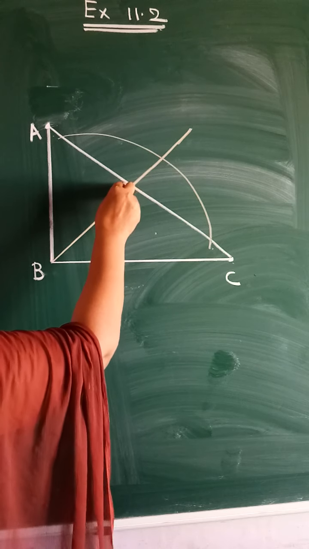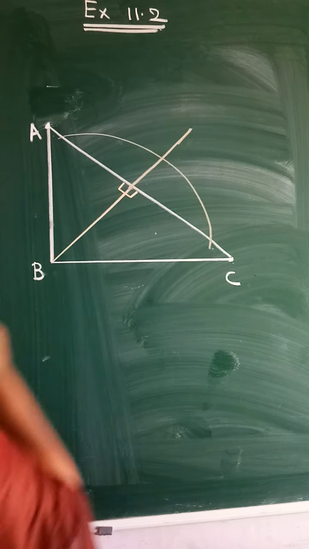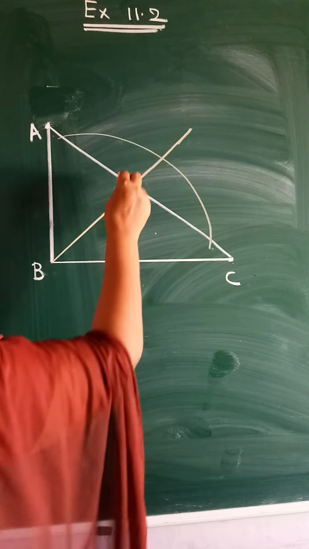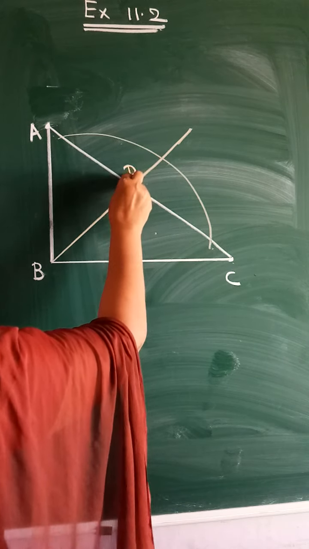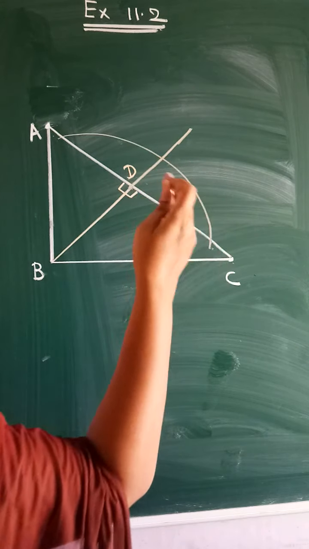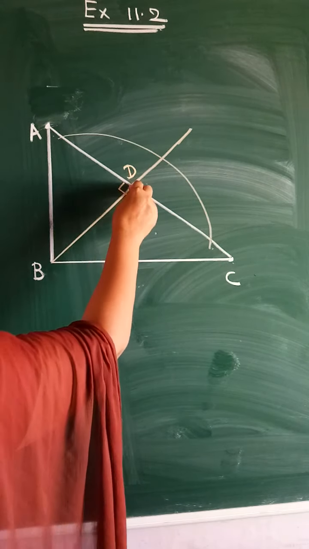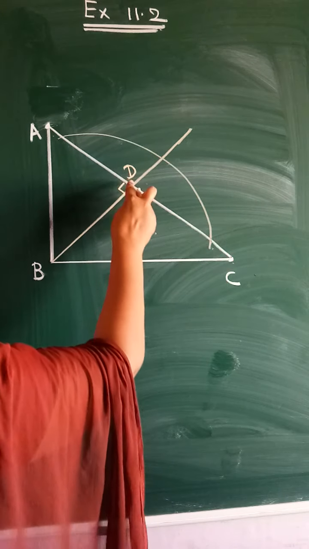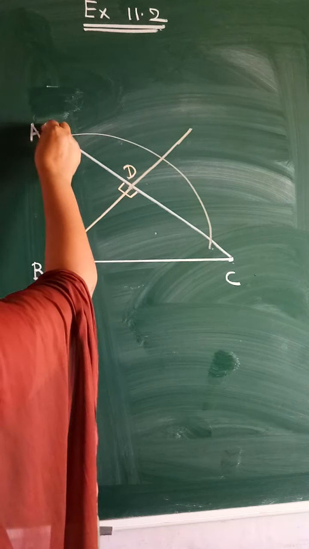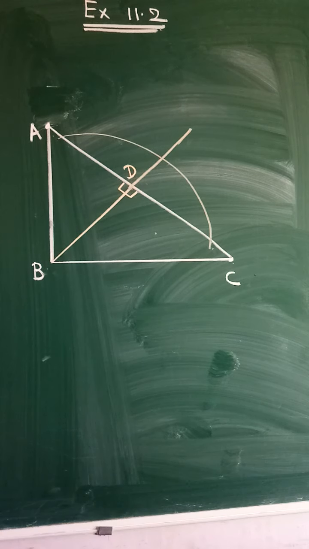So here we will get the perpendicular, suppose named, it is given to us BD is the perpendicular. So this is BD perpendicular to AC. In the last figure I have explained to you how you will draw. So D is the foot of the perpendicular on AC. So we can say BD is perpendicular to AC.